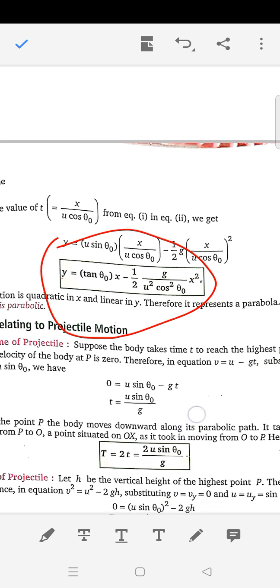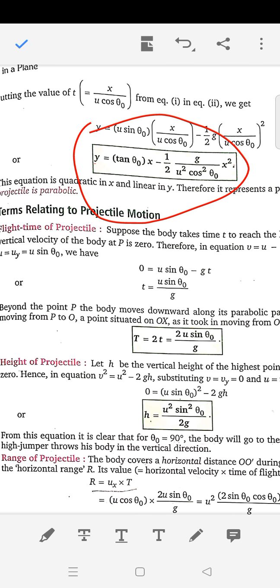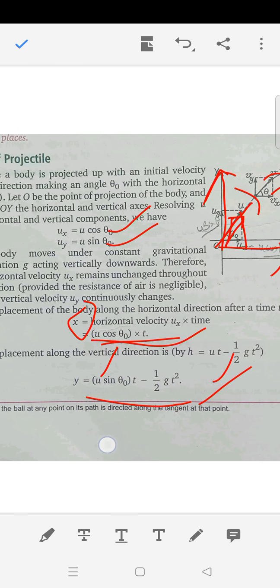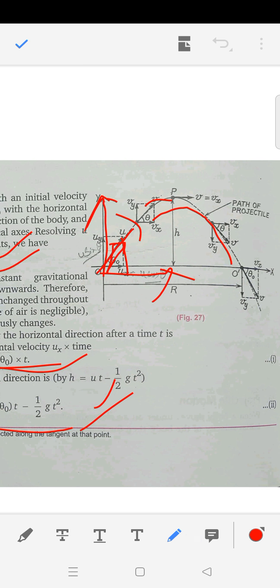Now some terms relating to the time of flight. One thing to understand before going further: when the body is moving upward, due to the acceleration, its speed decreases. The vertical component of velocity, u sin theta, will decrease.